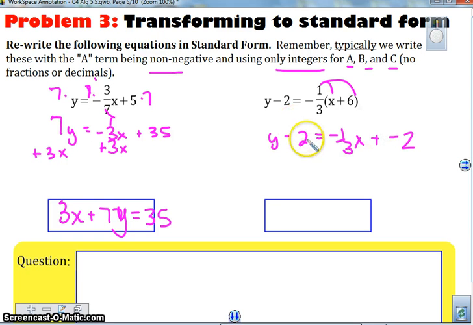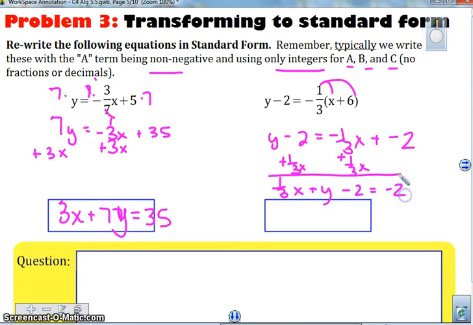The next thing I might want to do as I'm looking at this equation is think, oh, I want to get my x term over on the other side. It needs to be positive. So I might add 1/3 x. Are there other ways of doing this? There definitely are. So if I add the 1/3 x to both sides, I now have the equation 1/3 x plus y minus 2 equals a -2.